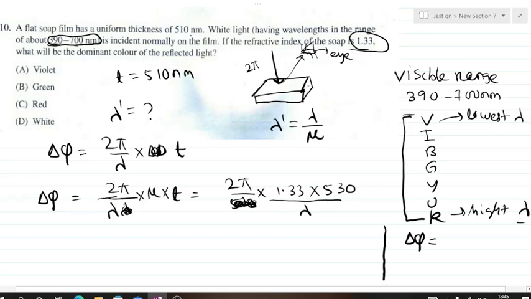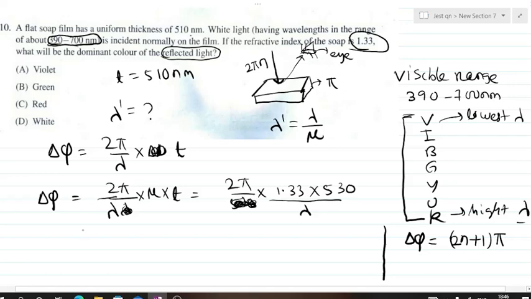But in the glass medium, it will also give a phase difference of pi, so the total phase difference will be 2n pi plus pi, which is 2n plus 1 whole into pi. This is the total phase in the case of reflected light from the glass medium.